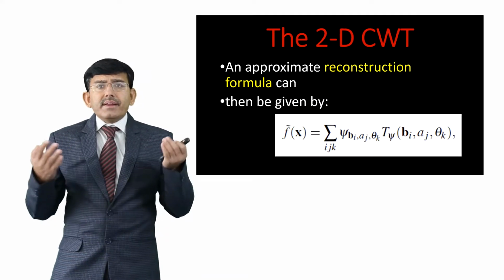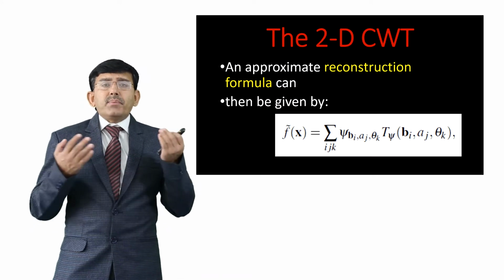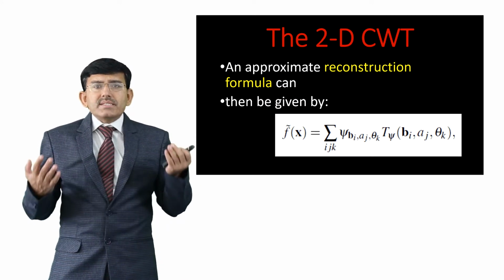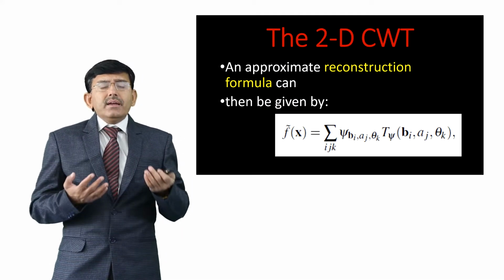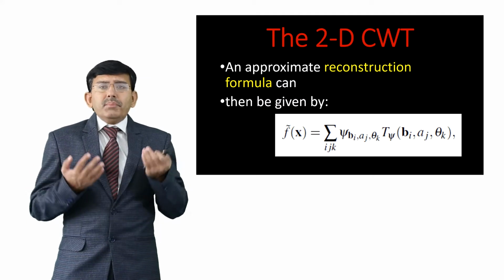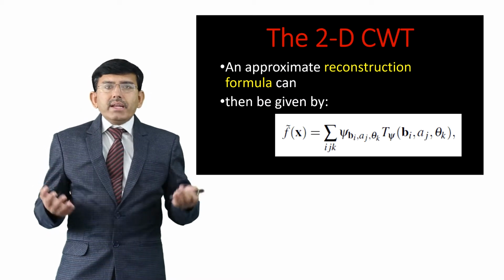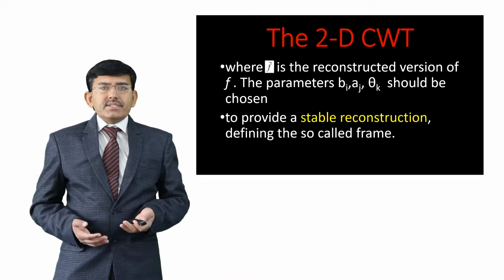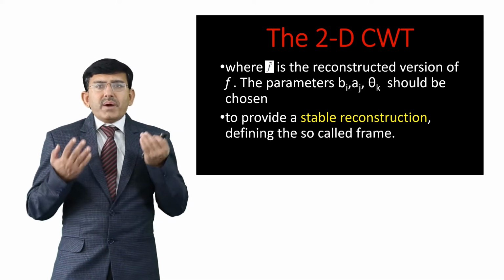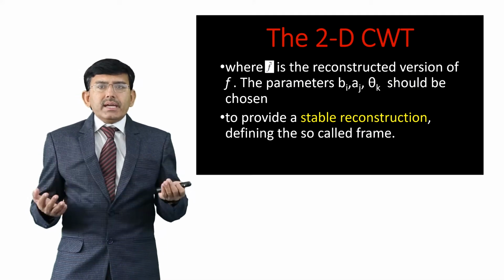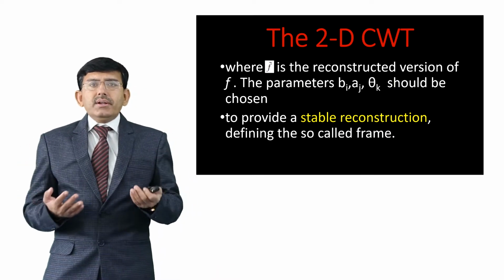An approximate reconstruction formula can then be given by f approximate of x equal to the summation of the coefficients at b_i, a_j, theta_k times psi b_i, a_j, theta_k, where i, j, k vary within certain limits. In this case, f dash is the reconstructed version of f. The parameters b_i, a_j, theta_k should be chosen to provide a stable reconstruction.